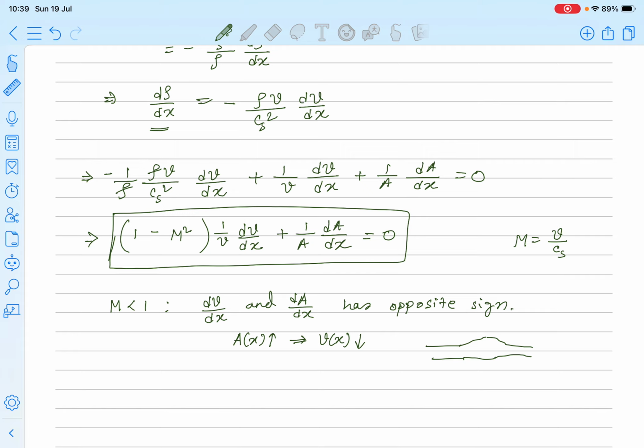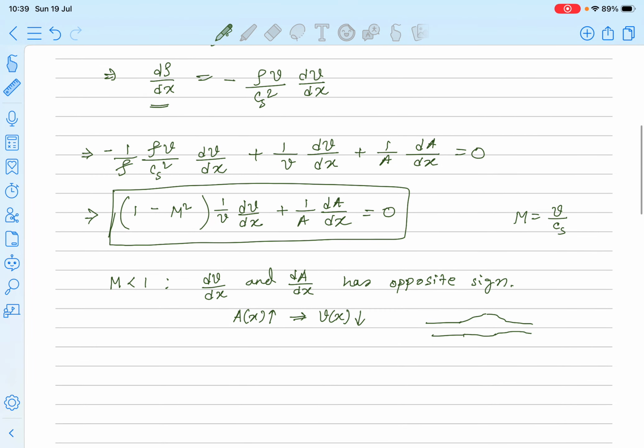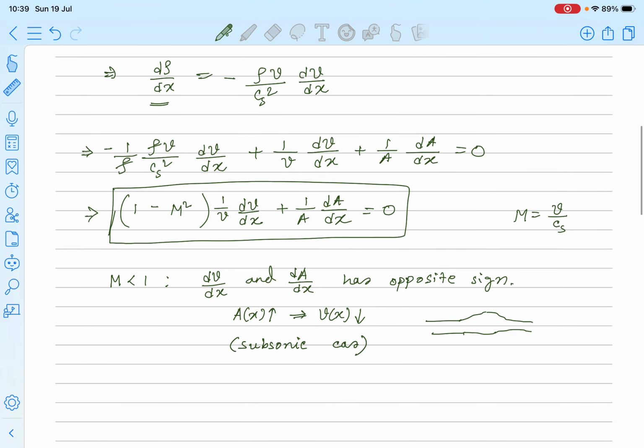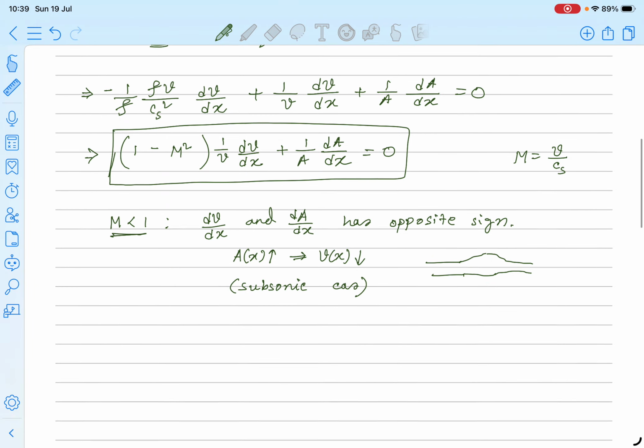And this is very intuitive. The smaller the cross section, the larger the velocity. This intuitive result is for the subsonic case, where Mach number is less than 1.